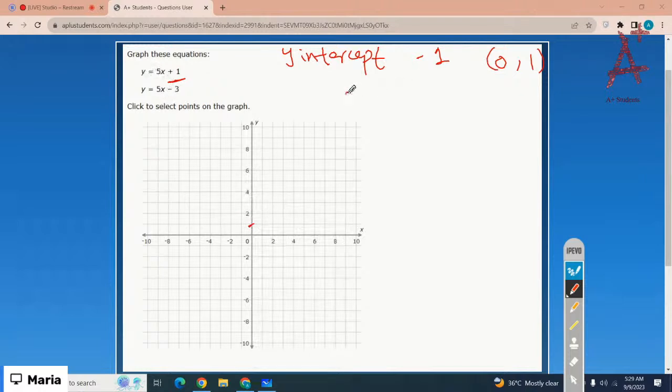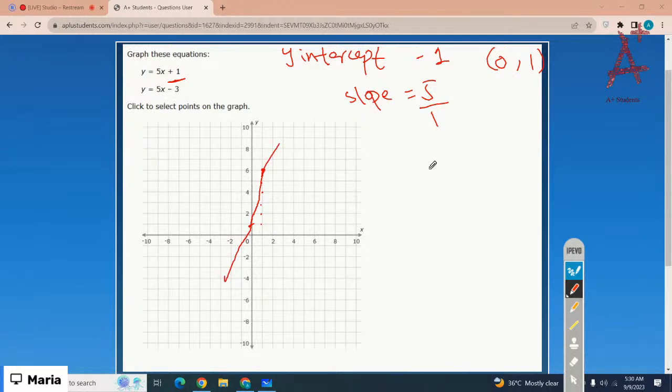Slope is 5, right? That means 5 over 1. That means you have to move right 1 point and up 5 points. Move right 1 point from here to here and go up by 5 points. 1, 2, 3, 4, and 5. Just join these 2 points and make a line. This one and this one, right? Like this, right?